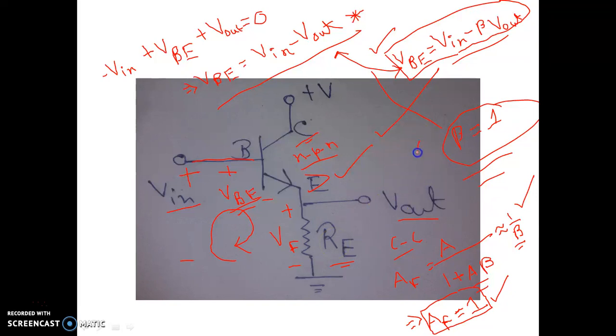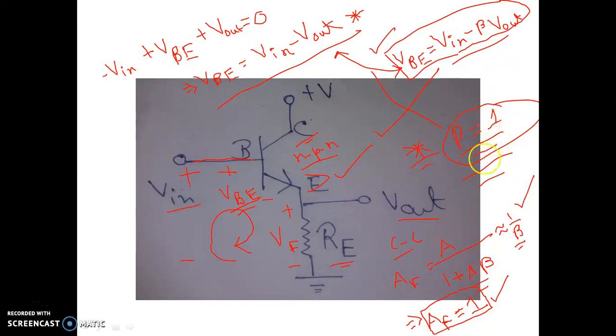And while solving problems, you should also remember this concept, that is, for the common collector amplifier the gain of the feedback network is beta equal to 1. Okay, that is unity gain.